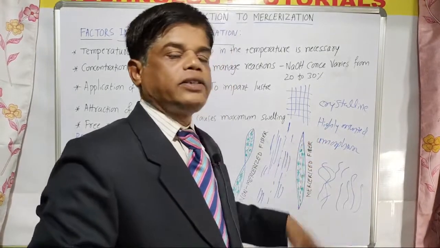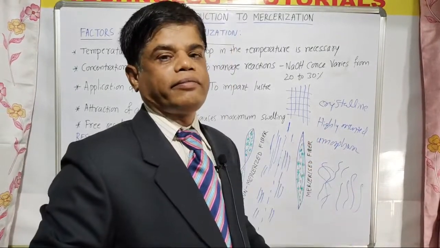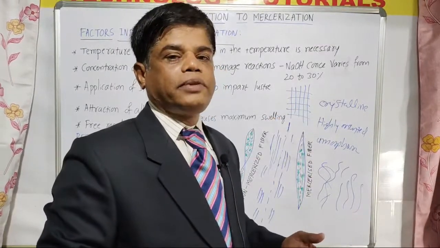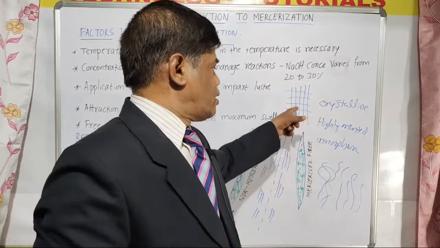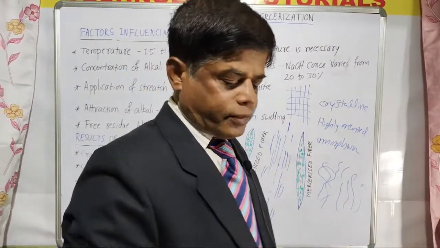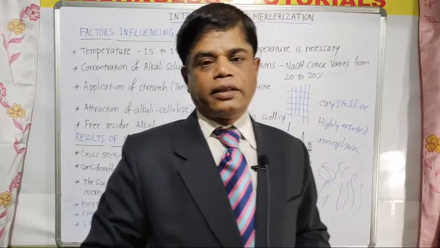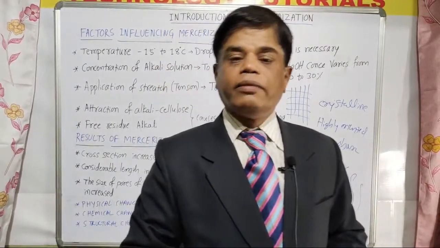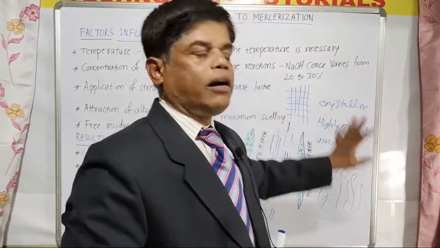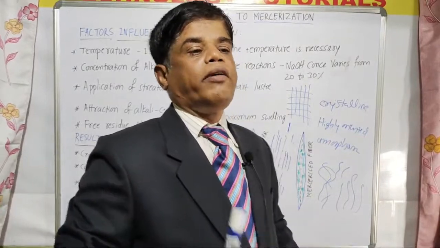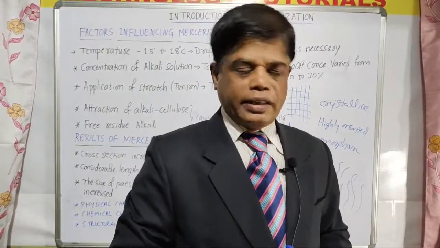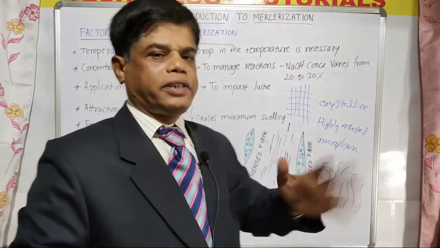Highly oriented regions give strength to the fibers, and compact crystalline regions help to get the tensile strength. These regions help to increase the tensile strength of the yarn or fabric or the tenacity of the fibers. So these three regions influence the physical and chemical properties of textile fibers. Okay friends, that I will discuss later.